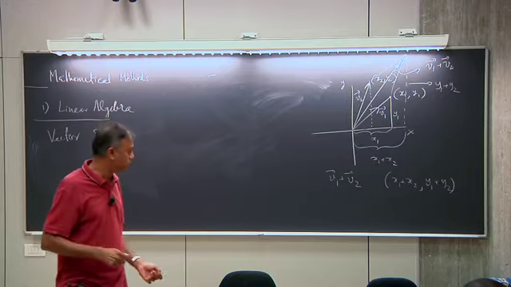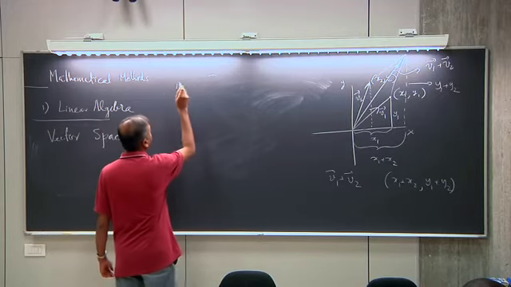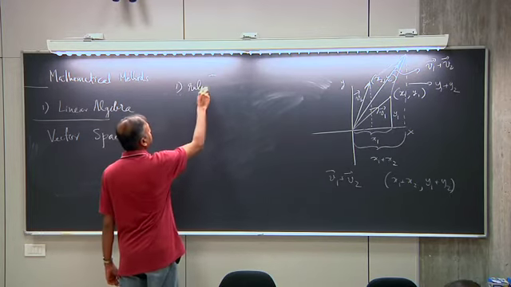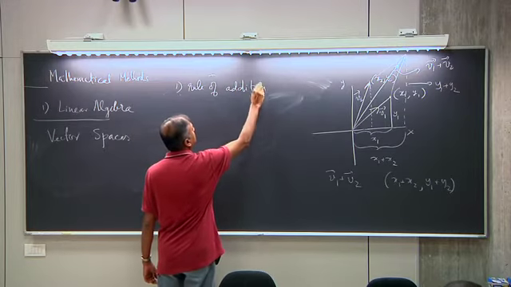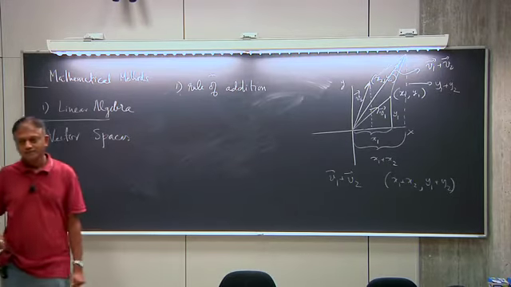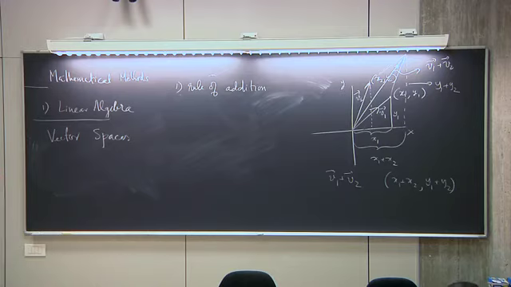Okay? So this is the important point. So the first important point is that there is a rule of addition. So when you add the two vectors, you get again an element of the same set, not something outside, the same set, the set of all the vectors. So it's again another vector.